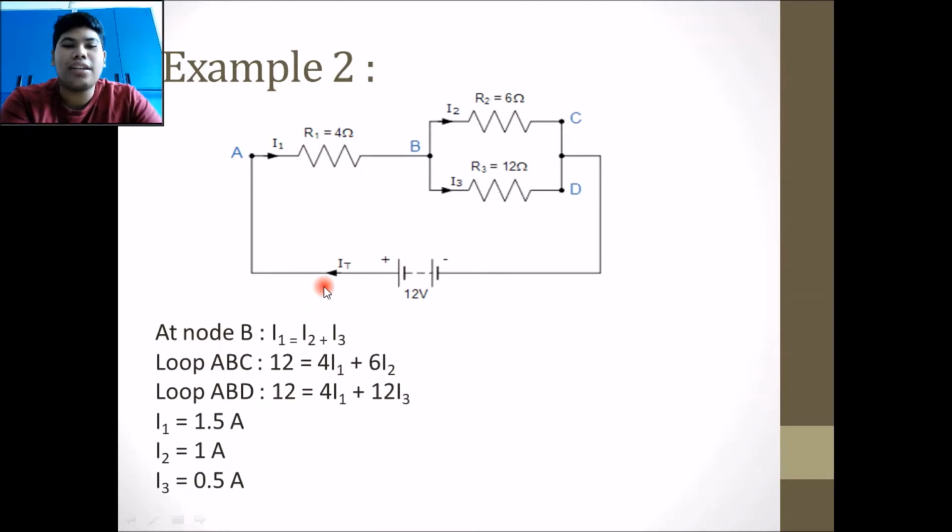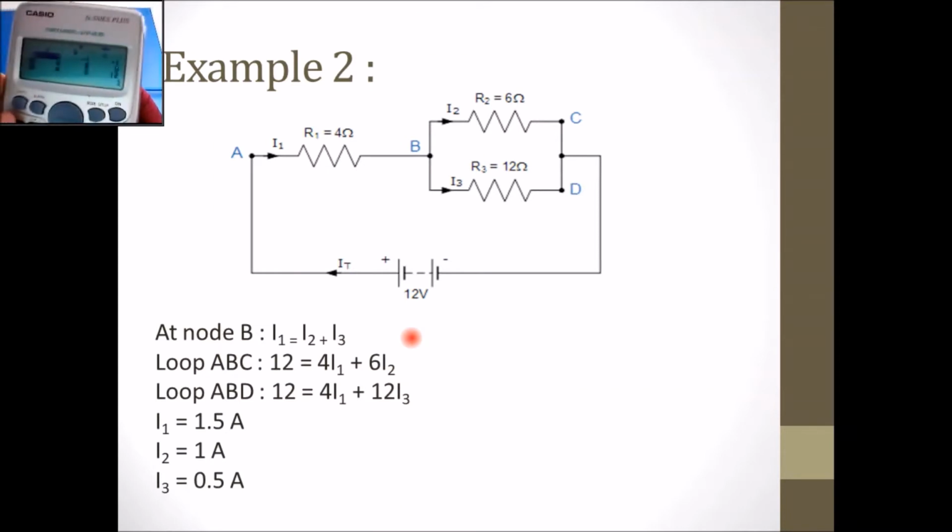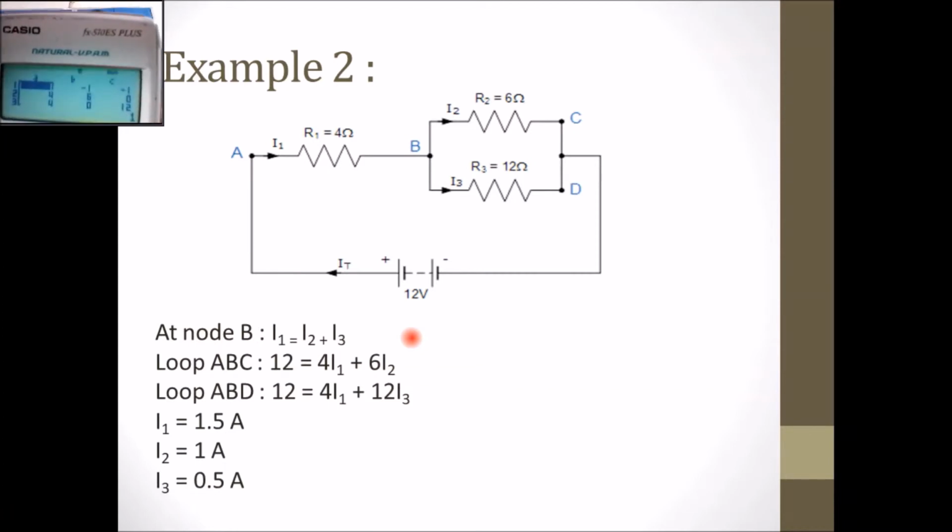After we get the equations, we will use the calculator to get the answer. So what is the answer for this? First, for the first equation, we get 1, negative 1, negative 1, 0.